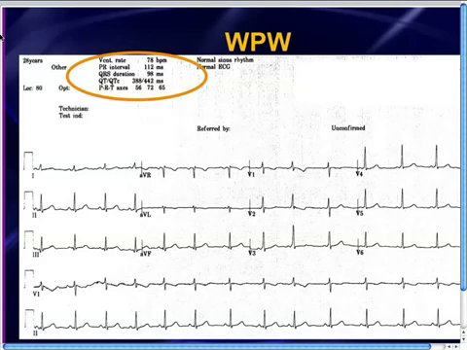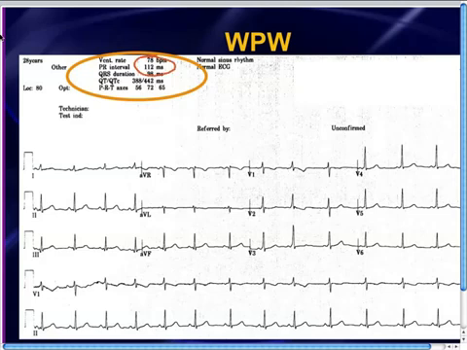If you're in the habit of always looking for delta waves as your means of diagnosing WPW, I promise you, you're going to miss some cases of WPW just the way this computer missed it, because delta waves are not present in all of the leads. What is present in all of the leads is that short PR.